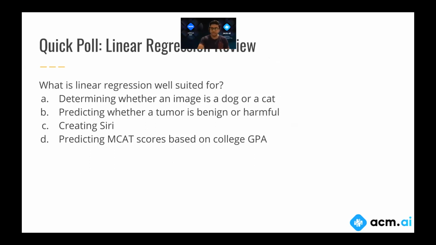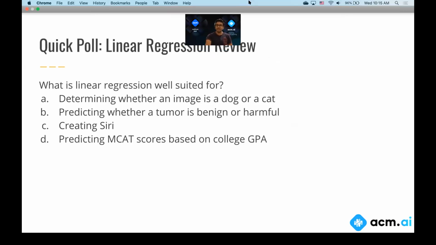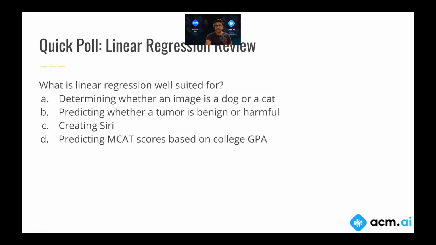But we'll get into that in this workshop. If you want, go ahead and give it a search. Why is logistic regression called regression? I think you'll get a pretty good answer.